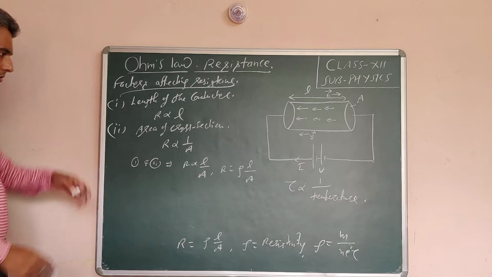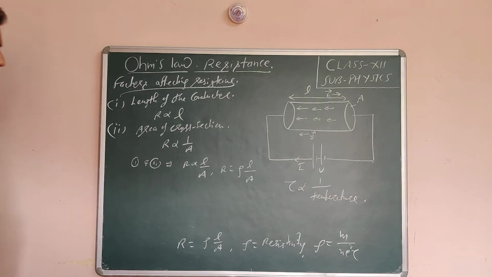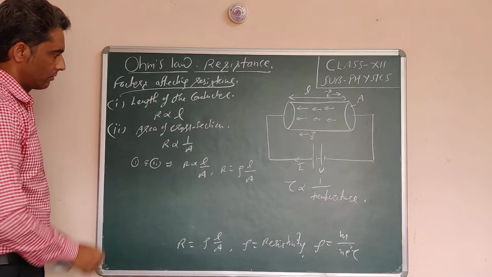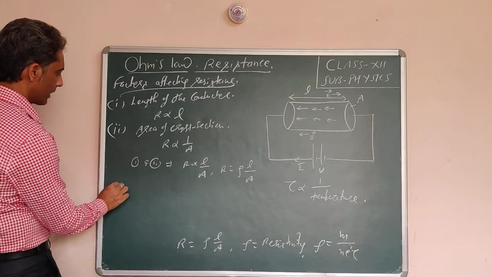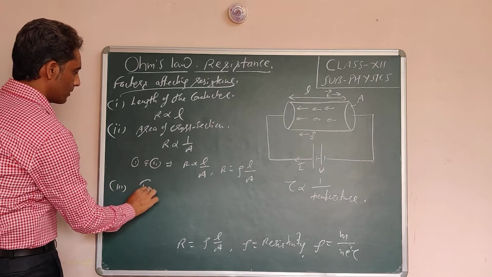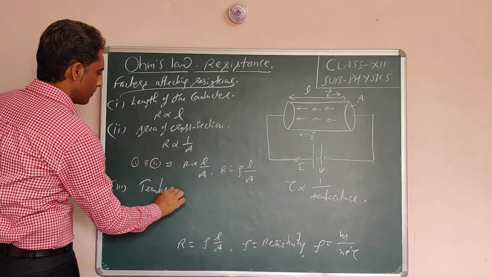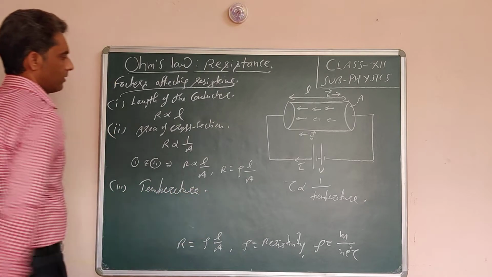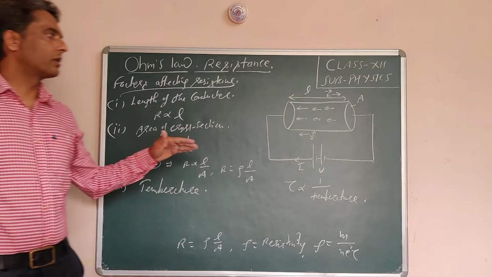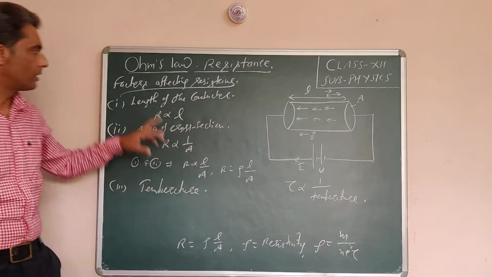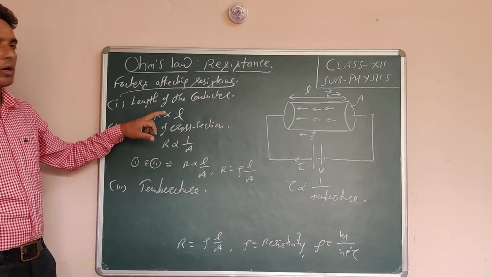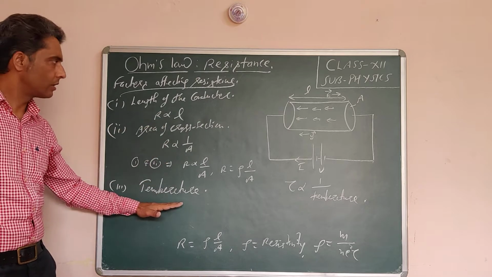So the third factor we can write as temperature. So resistance of a conductor depends upon three factors: length of the conductor, area of cross section, and temperature.